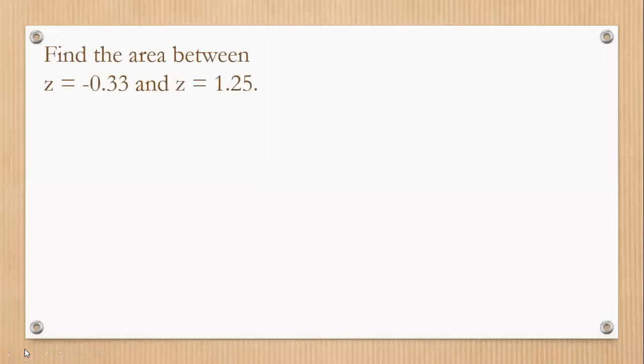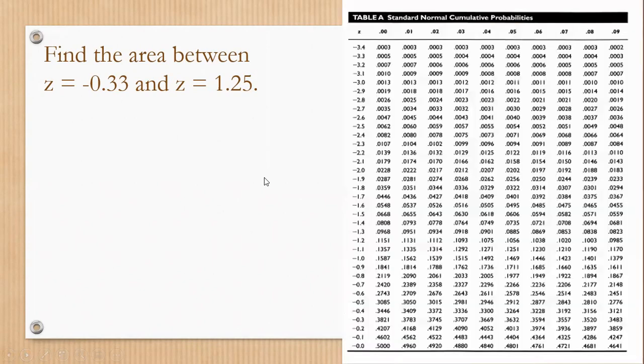Find the area between z equals negative 0.33 and z equals 1.25. So first, draw the table or draw the curve. I don't know if I have here the illustration. I think there's no illustration. Let's try to draw that. So normal curve.